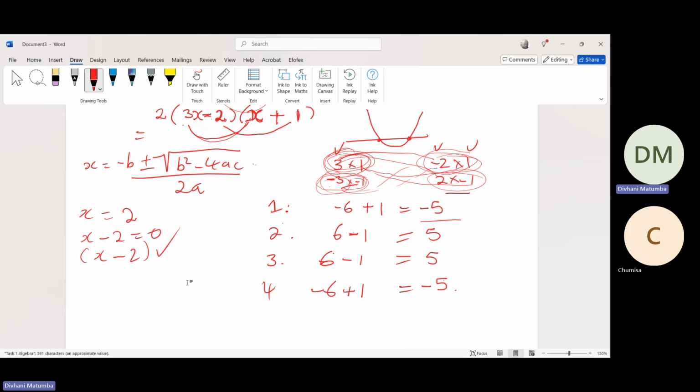The reason why it's called a trinomial is because tri means 3. A binomial has how many terms? 2. And a trinomial, 3 terms. That's perfect.